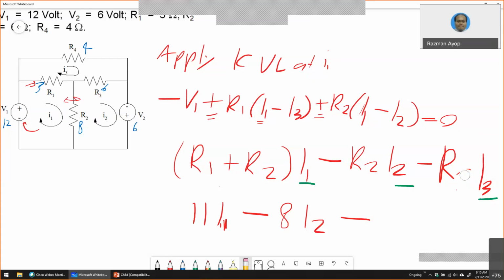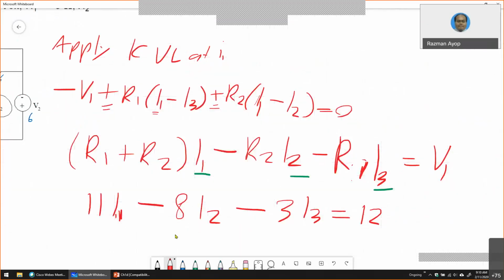This one is not R3, this one is R1. So minus R1, which is minus 3, I3 equals V1, and V1 is 12. So you get the first simultaneous equation.